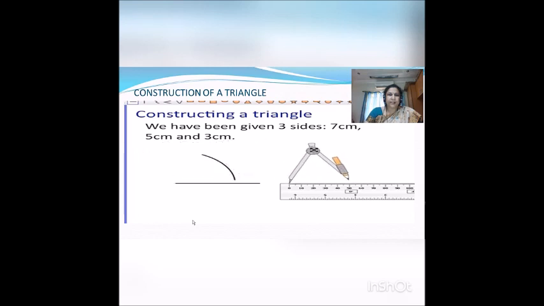Then take a distance of 3 centimeters. Place your compass point at the other end of the segment and draw an arc which will intersect your previous arc at one point, like this. So this is your point of intersection, which is the third point of your triangle. Join this point with the two ends of the segment.